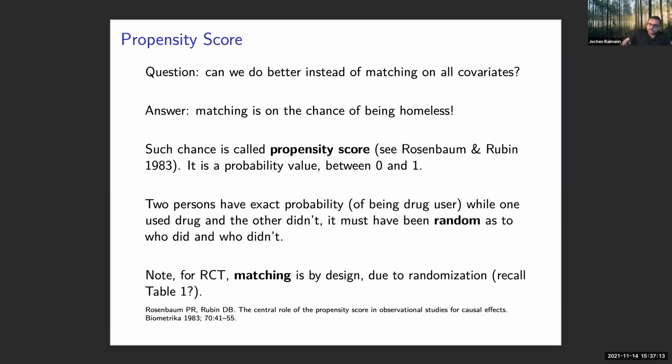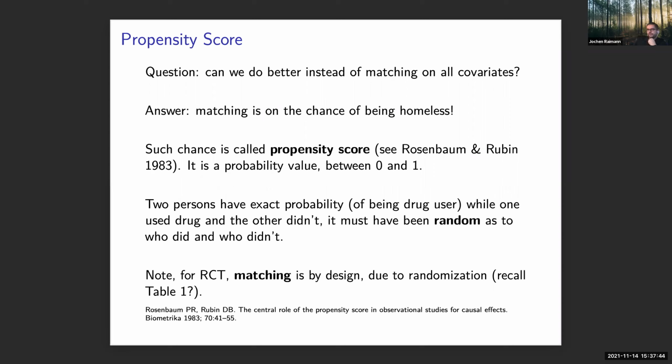So you are working to predict your exposure. Based on that, you will get a probability value, and for that, please see the Rosenbaum paper. This is a probability between 0 and 1.